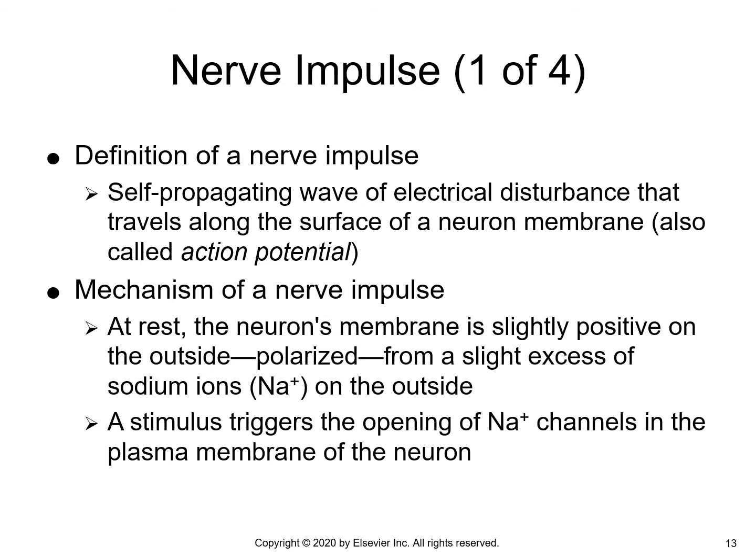At rest, the neuron's membrane is slightly positive on the outside, polarized from a slight excess of sodium ions on the outside. A stimulus triggers the opening of the sodium ion channels in the plasma membrane of the neuron.